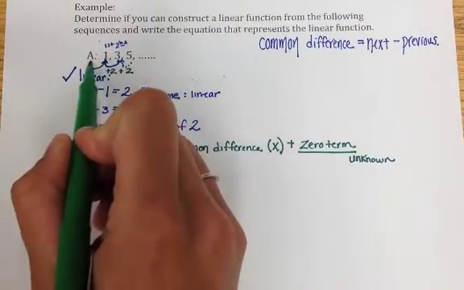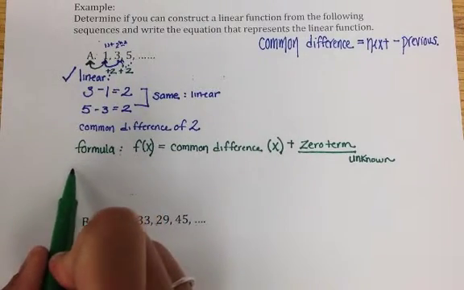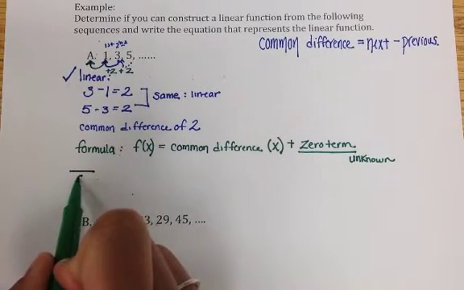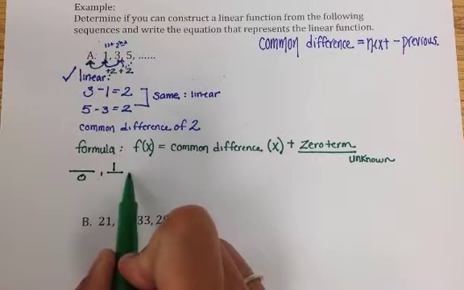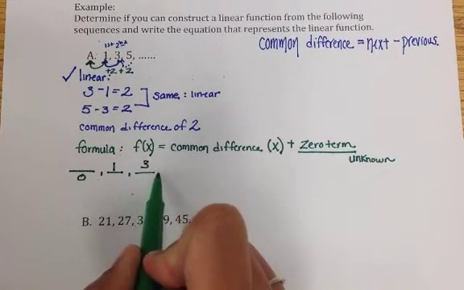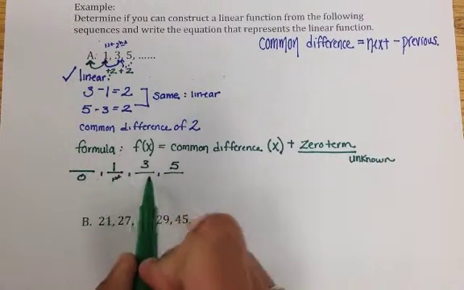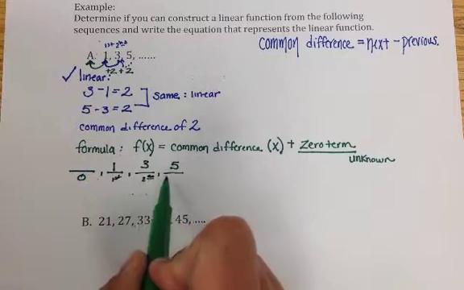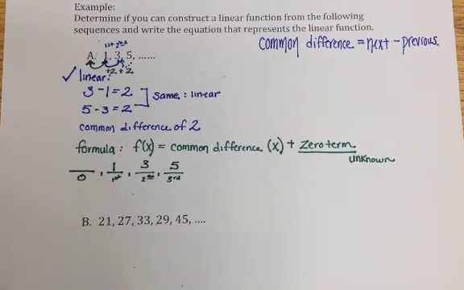What is the term before it? So if we think about it, we have the 0 term, then 1 being our first term, 3 being our second term, and 5 being our third term. So first, second, third. We have to work backwards.